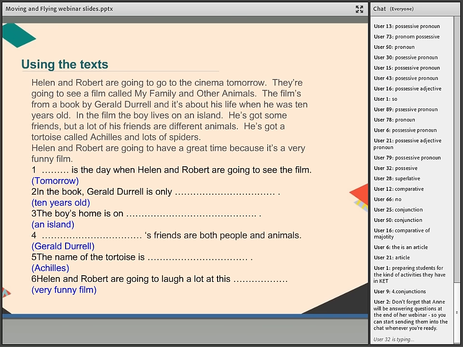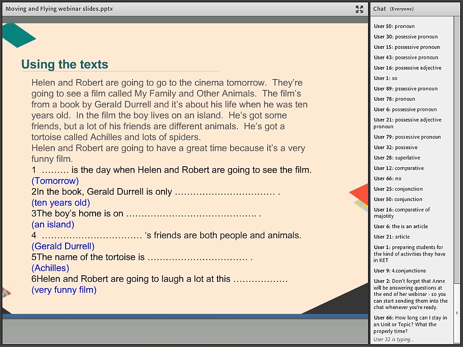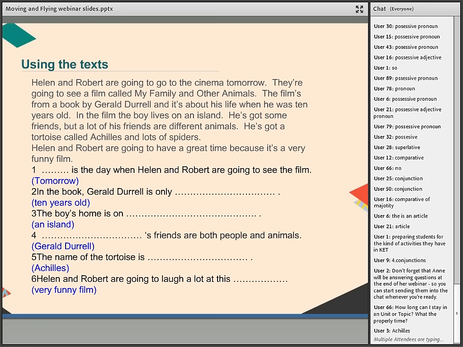The answer is Gerald Durrell. Which other names might students write in that sentence? Can you type suggestions into the chat box? Which names might students type into sentence 4?